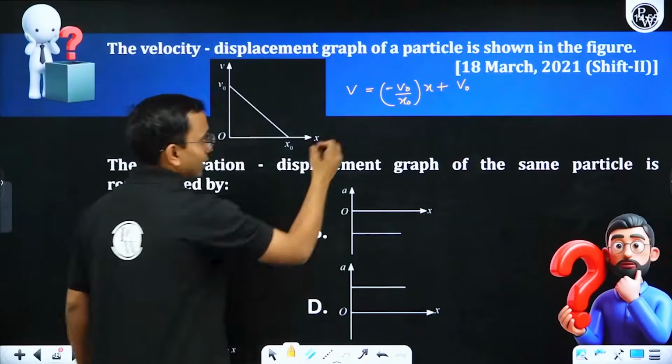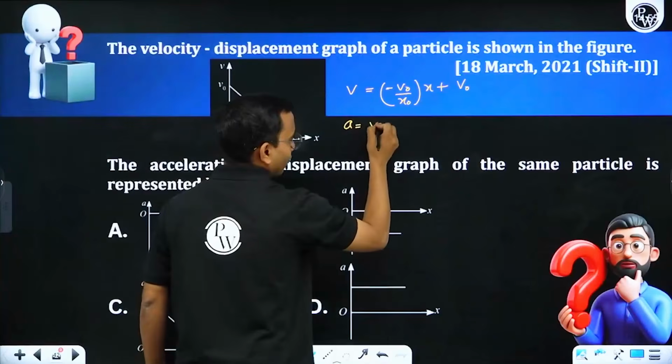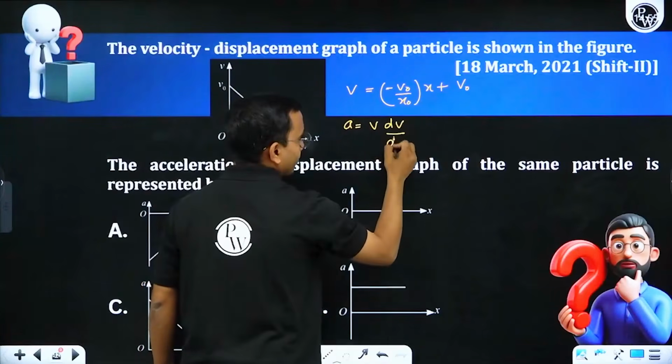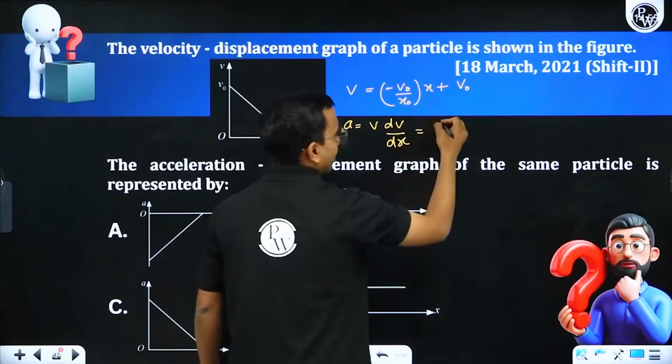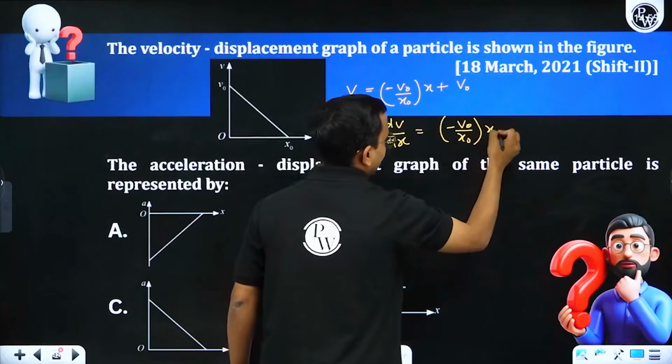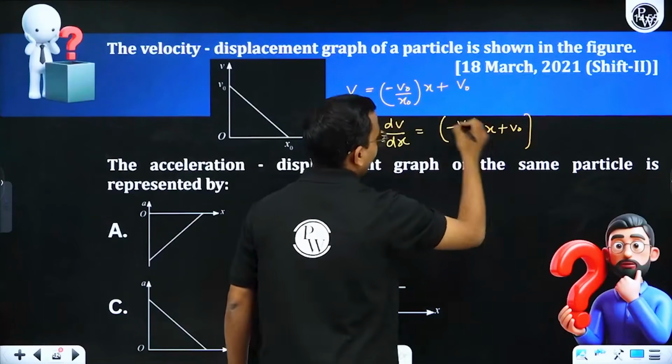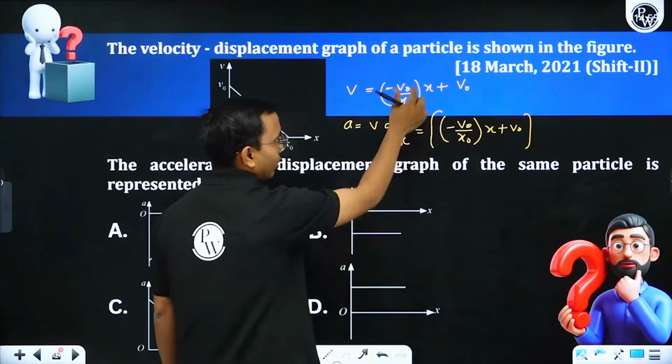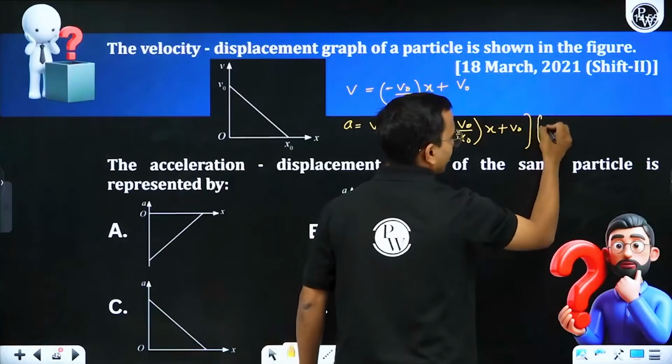Now we need to find the Ax curve. So we know acceleration is v dv by dx. Write it again: minus v naught by x naught into x plus v naught, and if you differentiate this with respect to x, you'll get minus v naught by x naught.